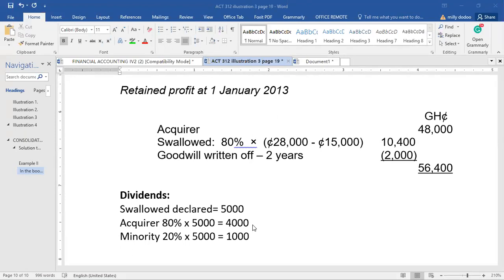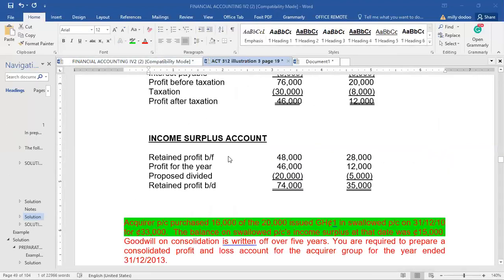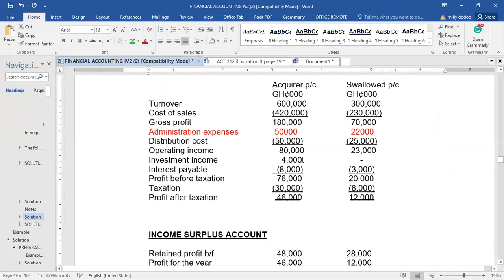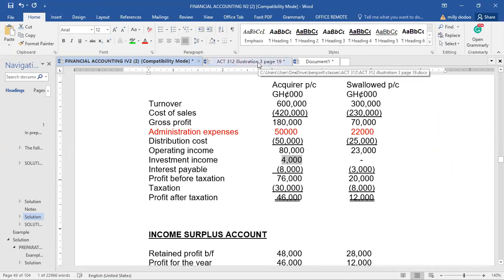Acquirer is supposed to receive investment income of 4,000. Now, when you come to acquirer's account, have you seen investment income of 4,000 over here? Good. It means that this 4,000 here is the income he has received from Swallowed.